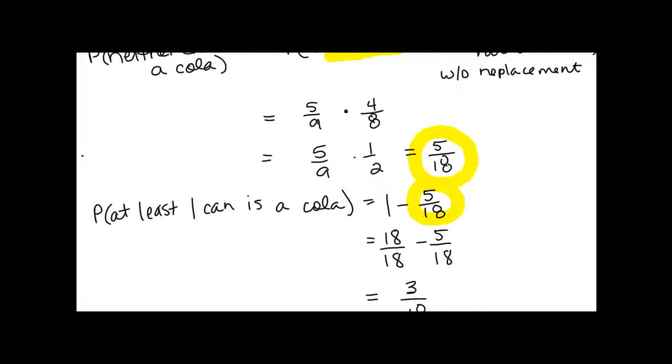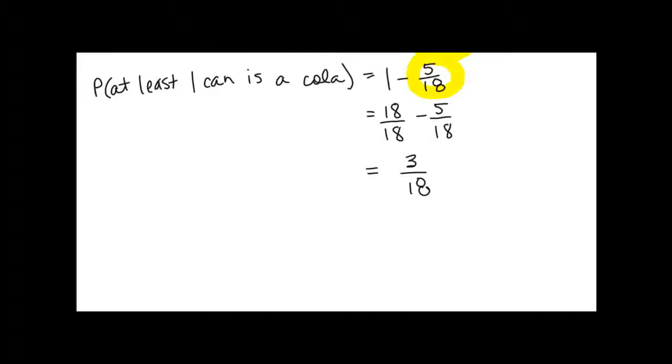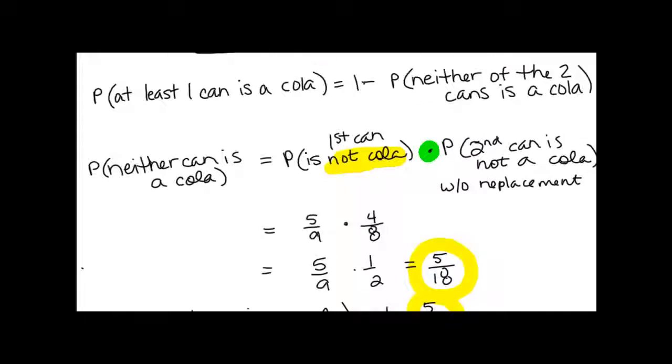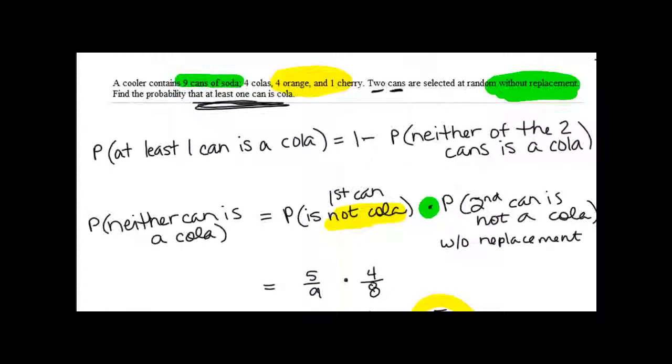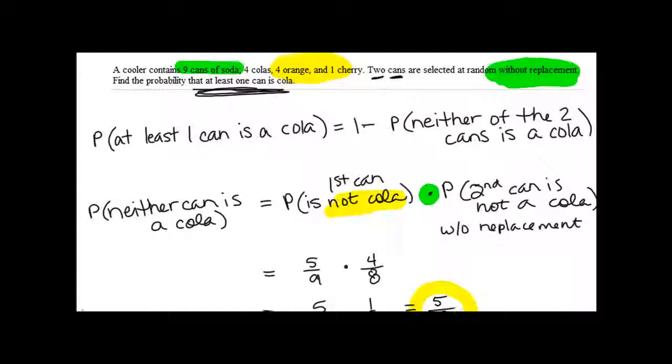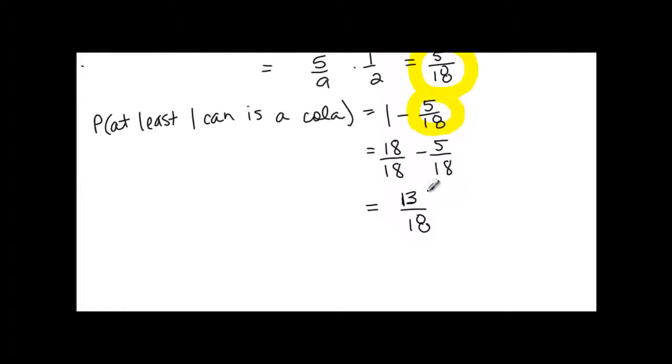And then as I subtract, I'd end up with 13/18. So the probability that at least 1 can is a cola when 2 cans are selected at random without replacement would be 13/18.